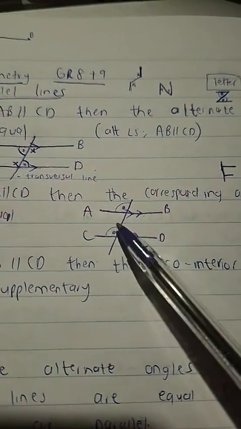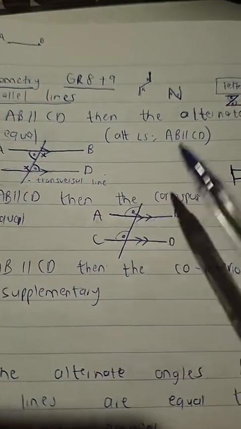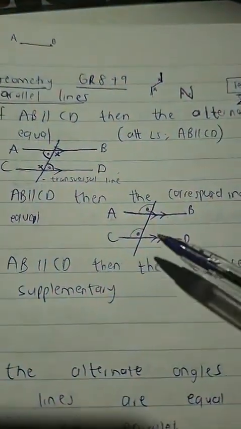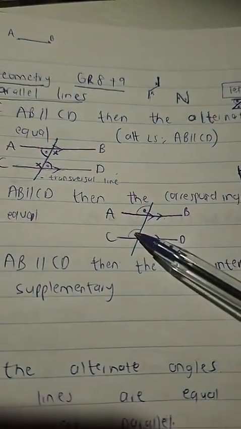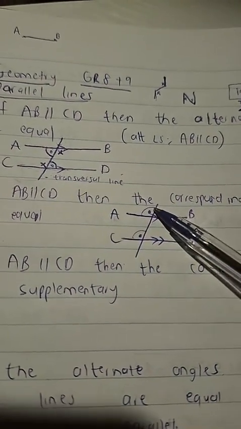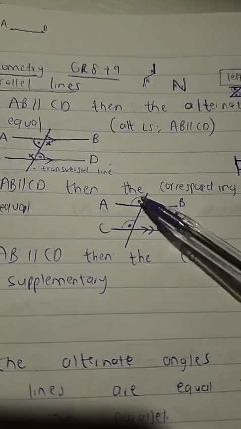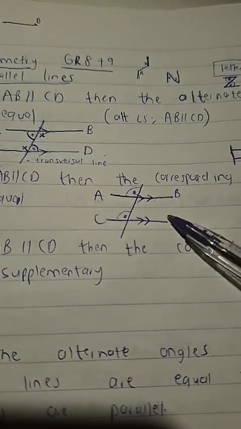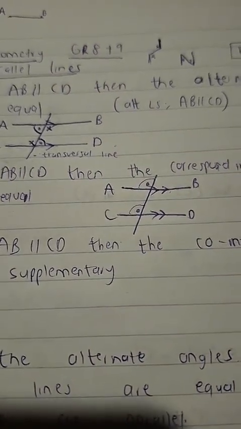We only say corresponding if it's on top on the same side. Then we say that angle on top of that parallel line and that angle on top of that parallel line means these two angles are what? Are equal. Why? Because AB is parallel to CD.